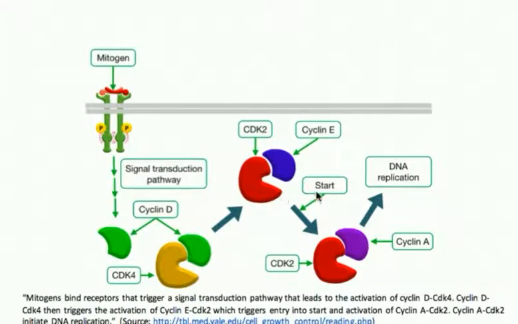Finally, cyclin dependent kinase 2 and cyclin A pair up, which eventually leads to DNA replication. This is the mechanism, and these checkpoints are very essential to make sure everything is right during cell division.